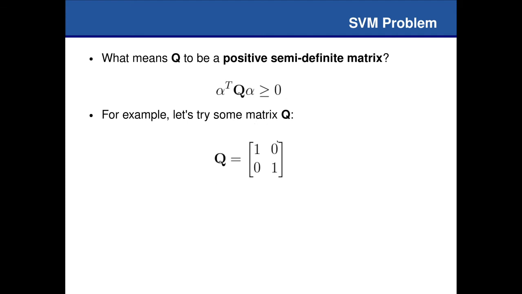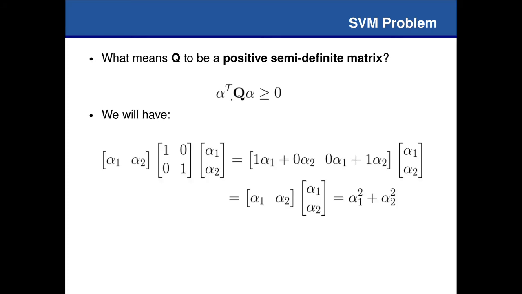Assume this matrix as an example, the identity matrix. What happens if I compute any kind of alpha before and after, as shown here? Of course, alpha will be a vector belonging to a bidimensional space. So in that scenario, I will have something like this: a vector having alpha 1, alpha 2, and alpha 1, alpha 2, where here it is transposed.